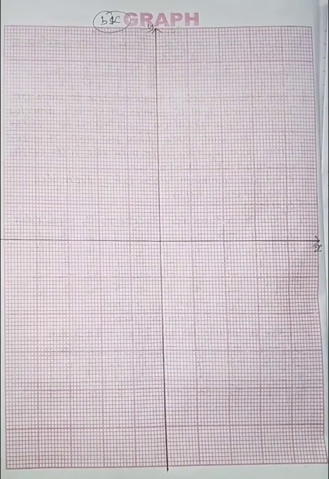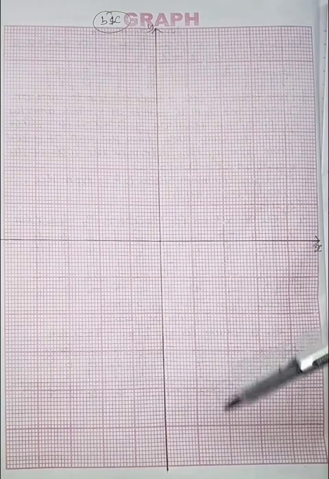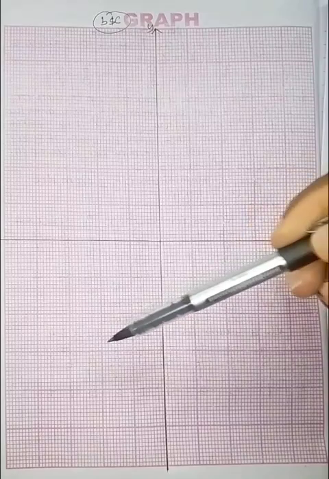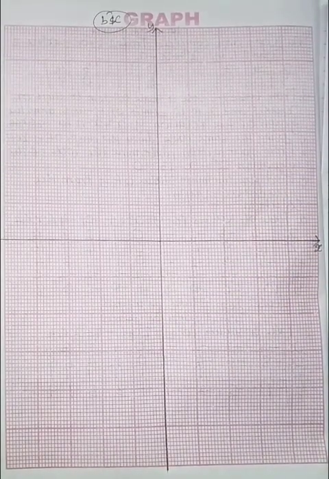For that reason, I have to draw the y value at the middle. In some cases, it can be here or here, depending on the nature of s values. You have to take note of that.